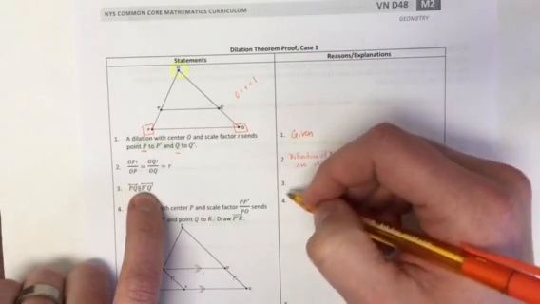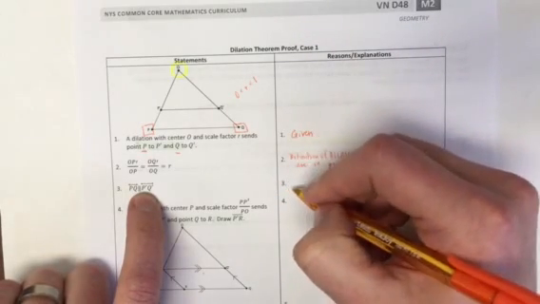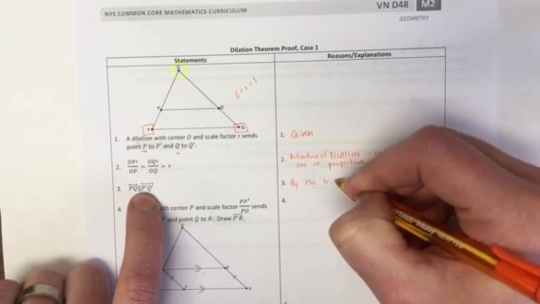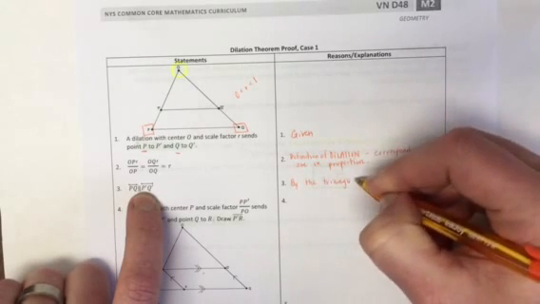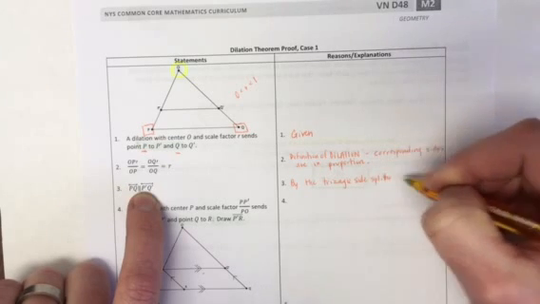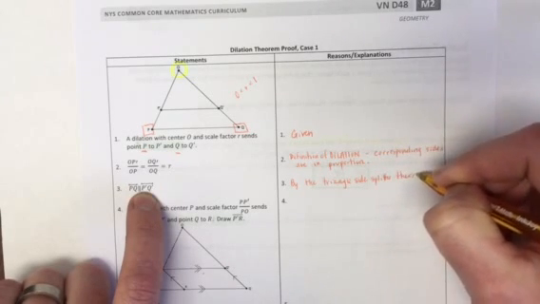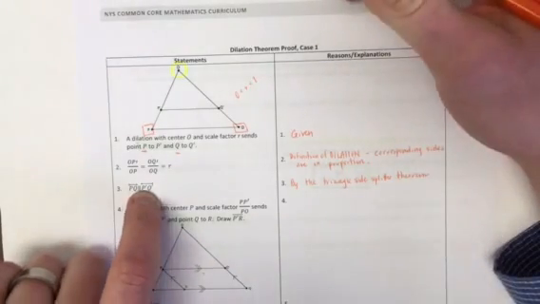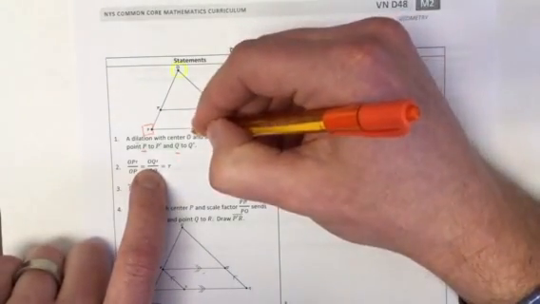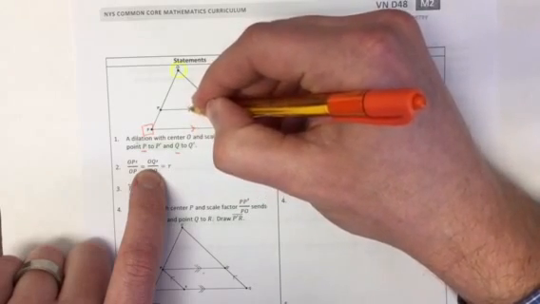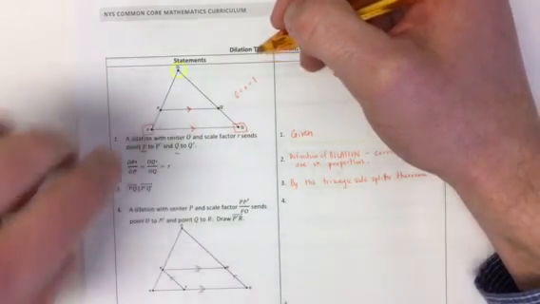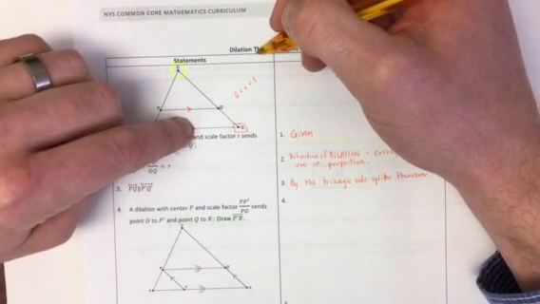If you have a theorem, you can always reuse it. So this is by the triangle side splitter theorem, which basically told us that if I have sides in proportion, then the result should be parallel lines. Now I know I have parallel lines.